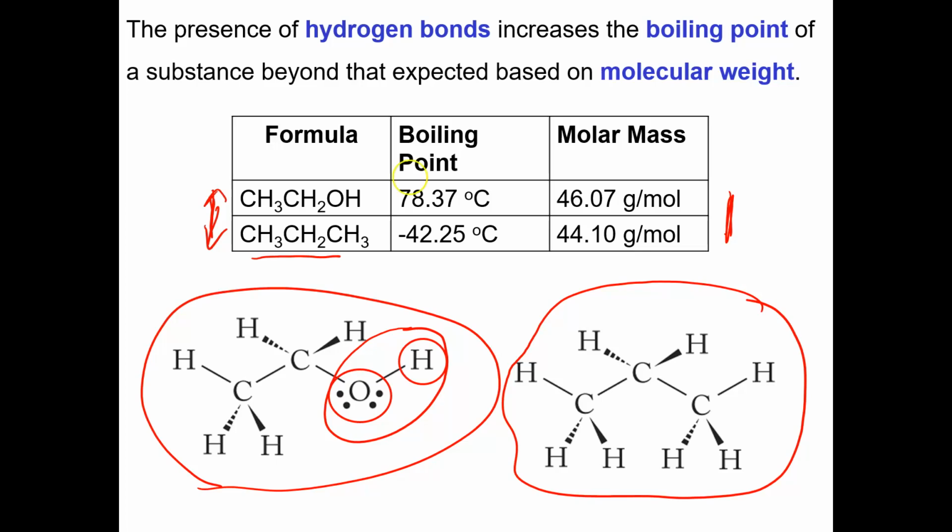So as a result, ethanol is a liquid at room temperature and boils at 78.37 degrees Celsius, so close to the boiling point of water, whereas propane is a gas at room temperature and boils at a little under minus 40 degrees Celsius. So you can see a pretty dramatic effect there with the introduction of hydrogen bonding capacity into the molecule.